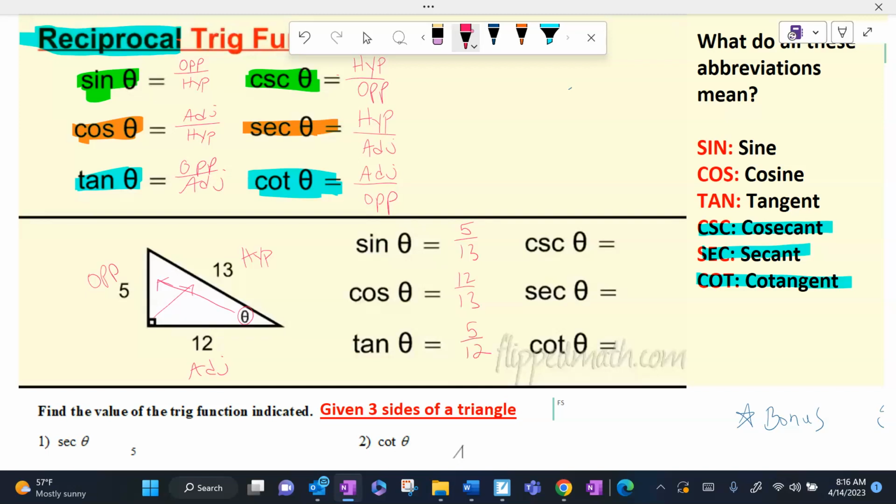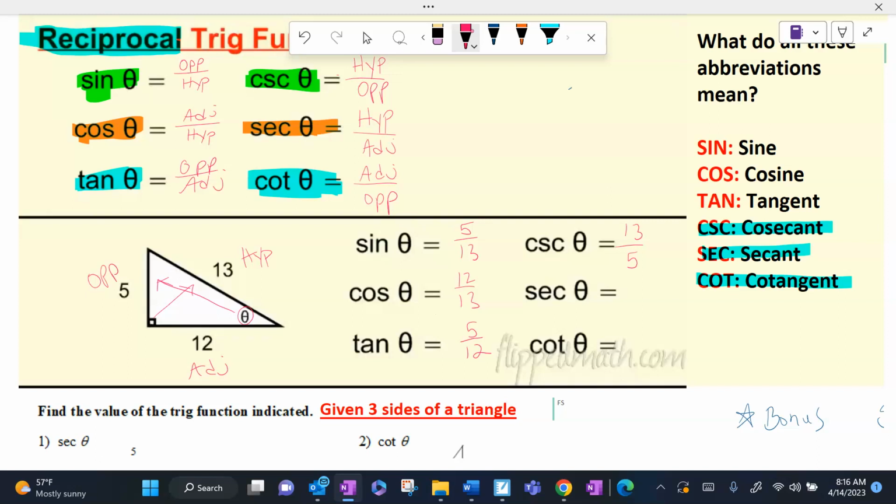The new part, which I hope isn't too much of a stretch, is now we're just going to use the reciprocal property, or flip the fractions, and then we have all of our answers. Since sine is opposite over hypotenuse, or in this scenario 5 over 13, the cosecant would be the reciprocal of that, so 13 over 5. It's literally that simple. From there, cosine and secant are reciprocals.